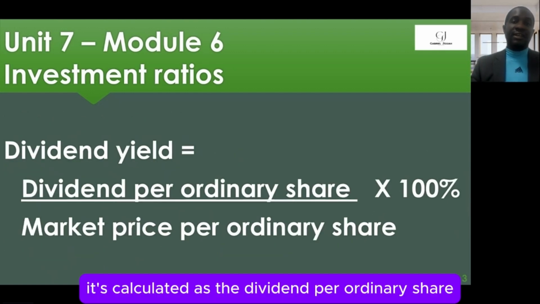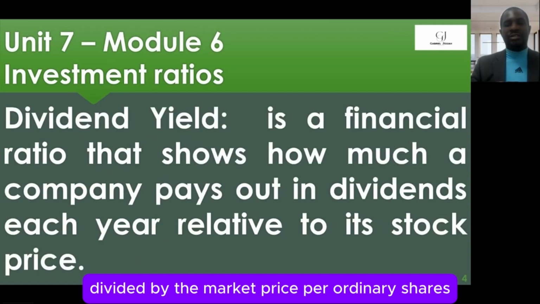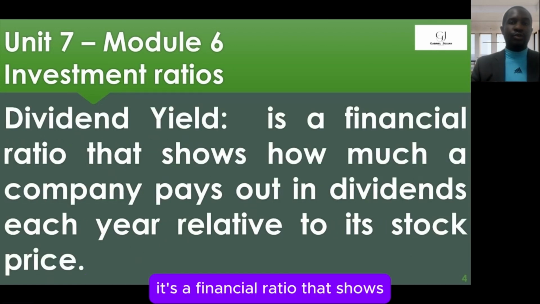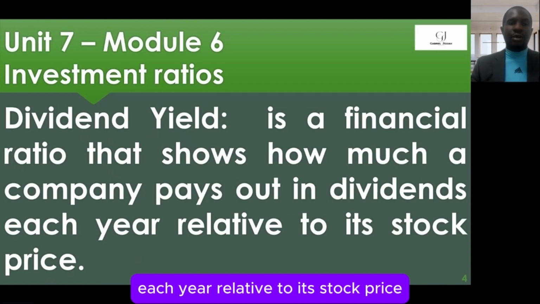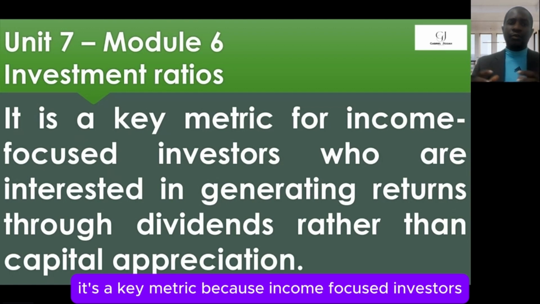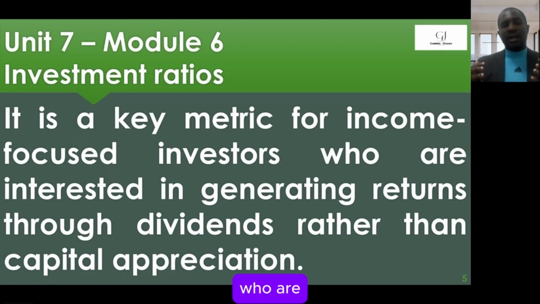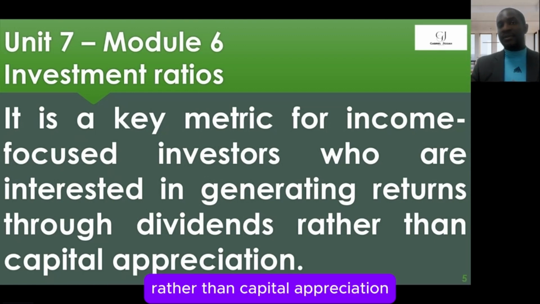It's calculated as the dividend per ordinary share divided by the market price per ordinary share. It's a financial ratio that shows how much a company pays out in dividends each year relative to its stock price. It's a key metric for income-focused investors who are interested in generating returns through dividends rather than capital appreciation.